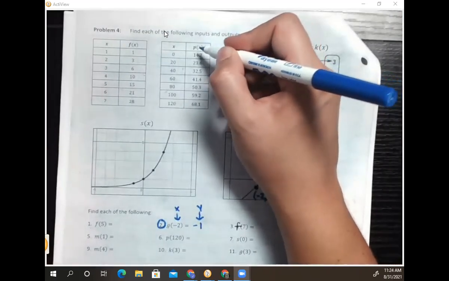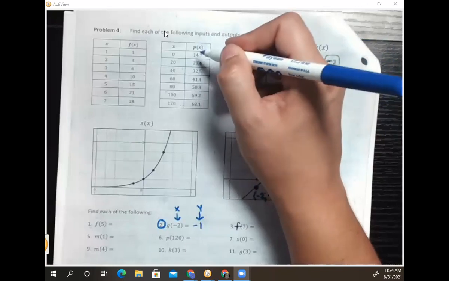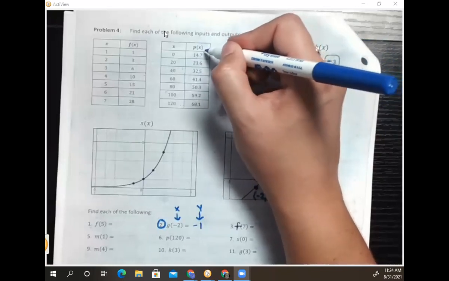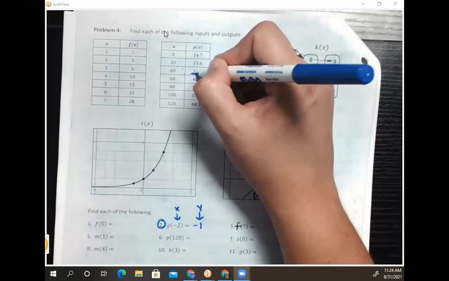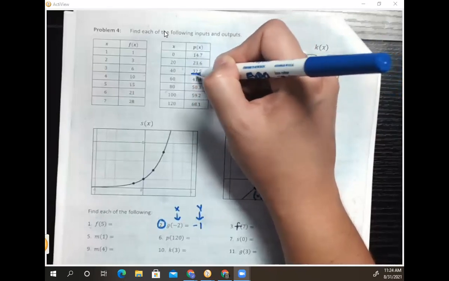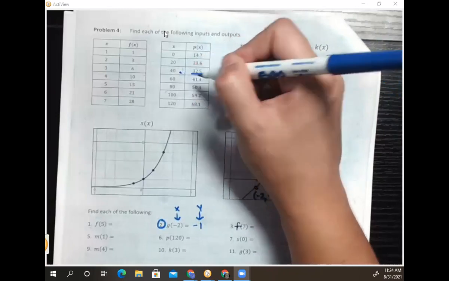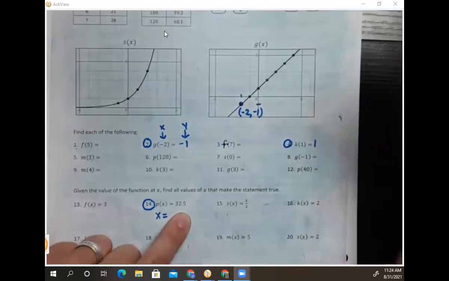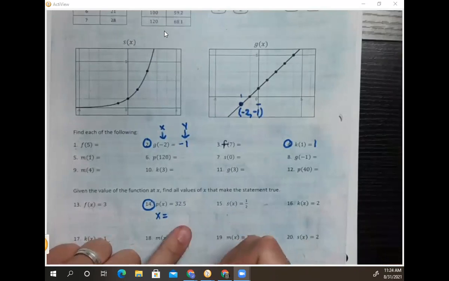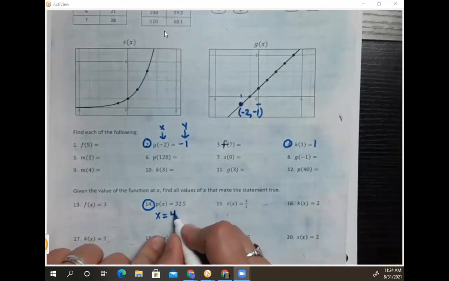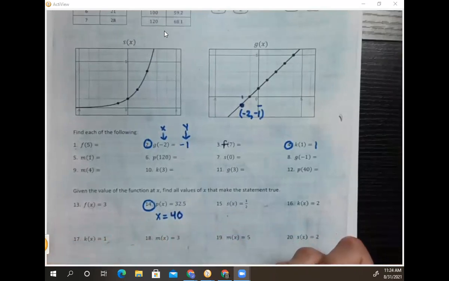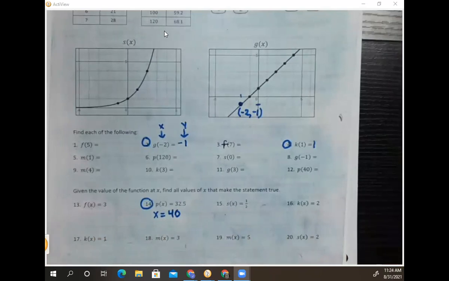And I know the output, so I want to be in this column. My output is 32.5. So I'm going to go until I find 32.5, and then I want to know what input gave me that. 40. So P of x equals 32.5 means x has to equal 40. Does that make sense, what we've done there?